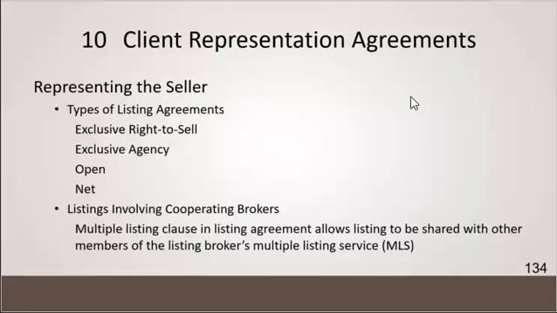Gatlinburg, here's a common one. Nashville, where I live. A lot of weekend cabins, a lot of things like that. Where's the buyer sitting? Maybe in Indy, right? Maybe in Bloomington.